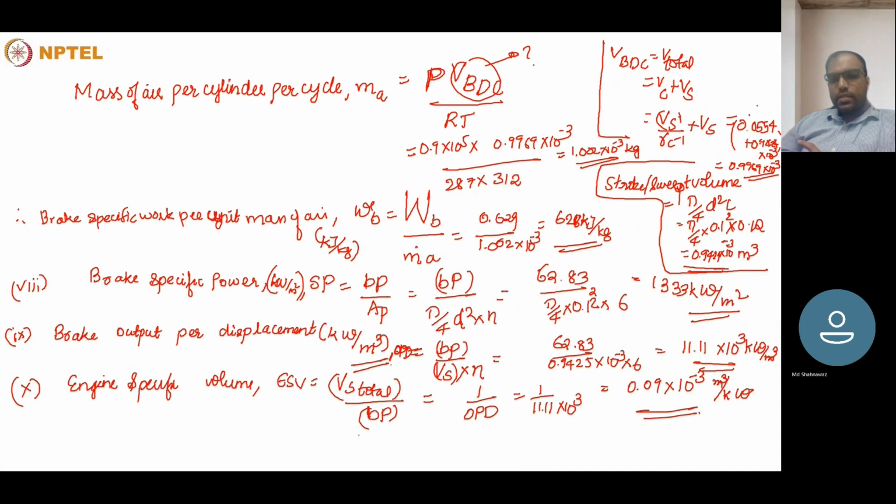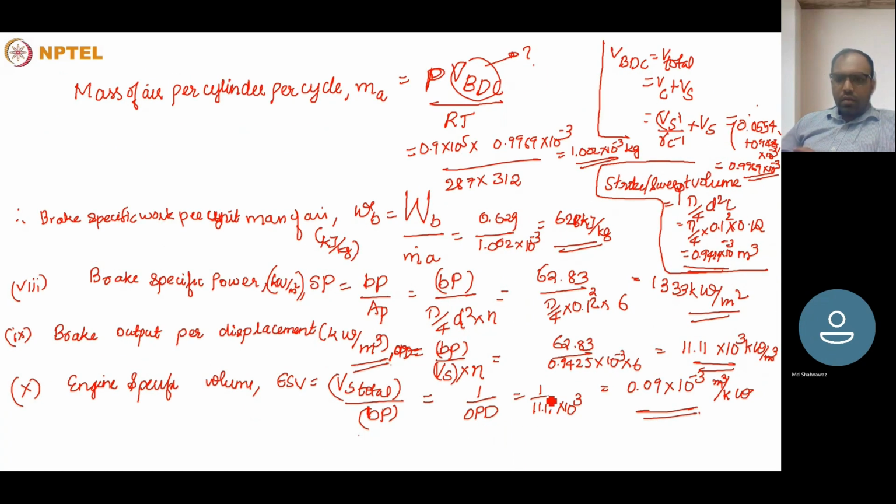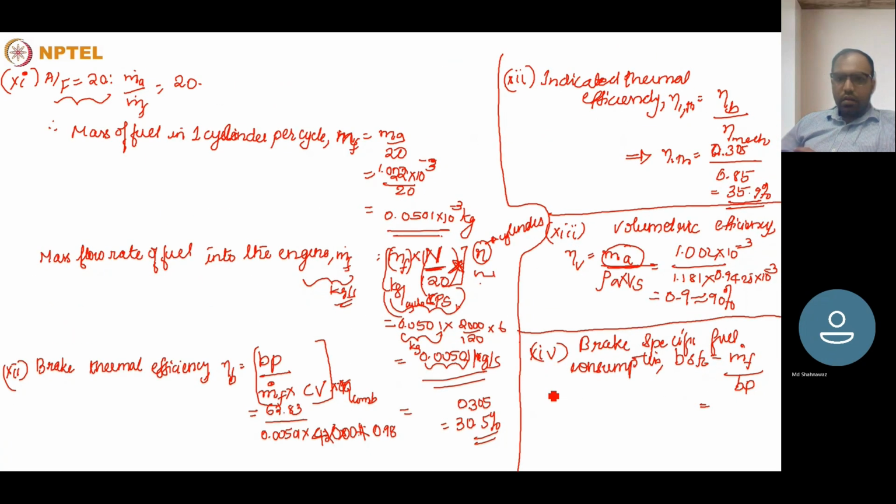In the previous analysis, it was the volume for the brake power per cylinder analysis. So here it will be the mass flow rate of the fuel in cylinder per cycle, given as 0.0501 into 10 power minus 3.